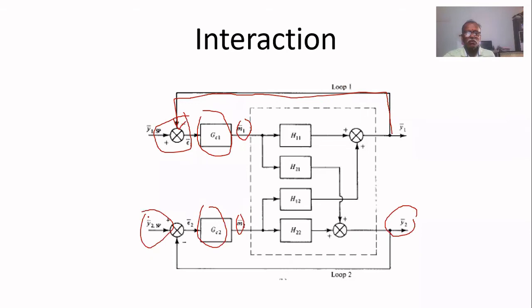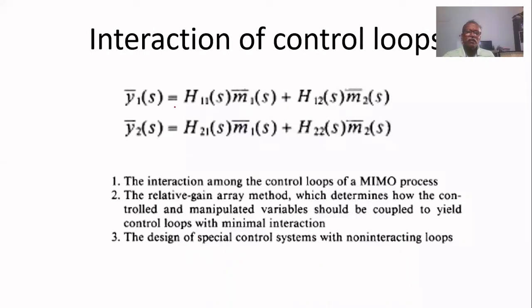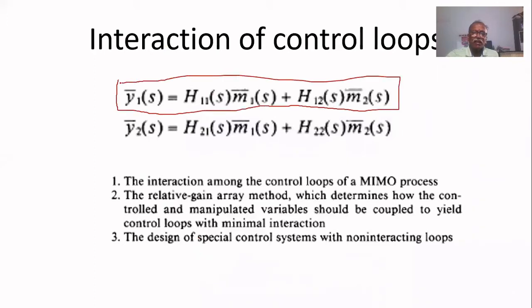Here the Y2 set point and the feedback is Y2. If we select M1 to control Y1 and M2 to control Y2, then we can write the expression including that interaction. What is Y1? Earlier we would write Y1 equal to G1.